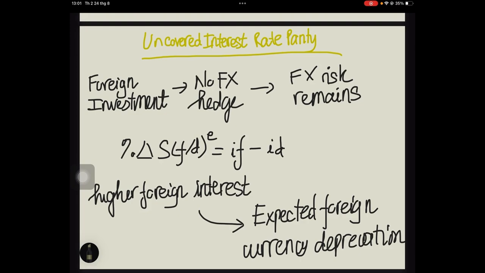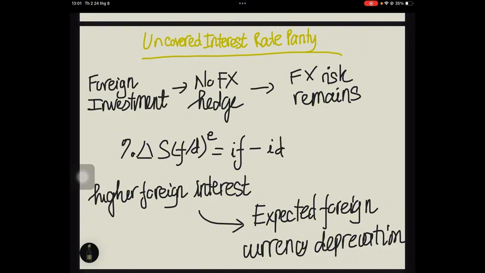Think about it. Suppose the domestic interest rate is 3% and the foreign interest rate is 8%. At first glance, the foreign investment looks much better, but suppose investors expect the foreign currency to depreciate by roughly 5%. Then the higher interest income is largely offset by the currency loss.